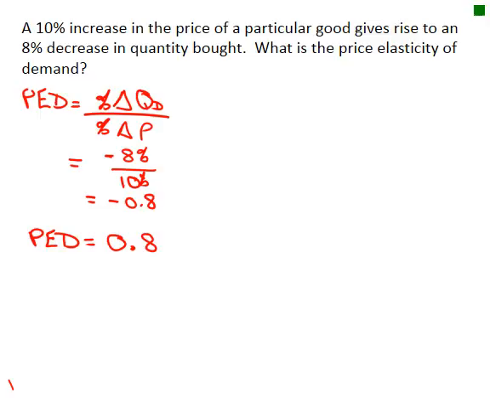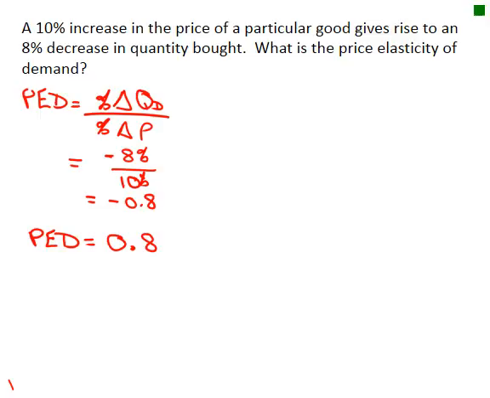So PED equals, so the denominator has to do with money or price, so the numerator must have to do with quantity. So percentage change in quantity demanded over percentage change in price. So the percentage change in quantity demanded gave rise to a negative 8%, and the price went up by 10%.